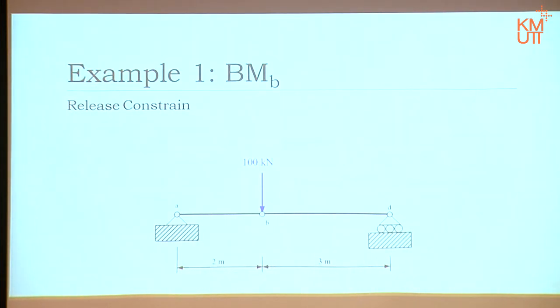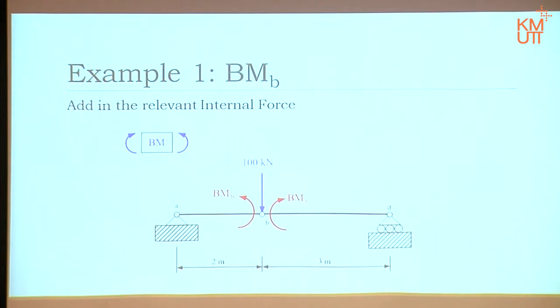The second step is that we have to apply back the bending moment, apply back the relevant internal forces. Don't forget, when we talk about internal force, we are not talking about one force. Internal force is always a pair, equal and opposite at one point. Therefore, in this case, we have to add in the whole pair, that one and that one.